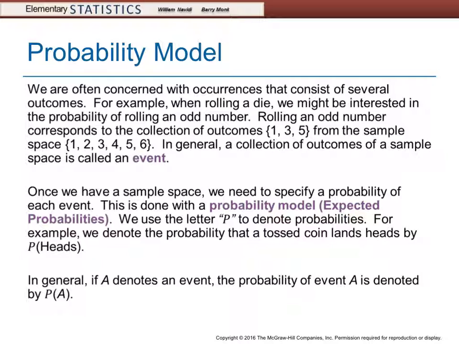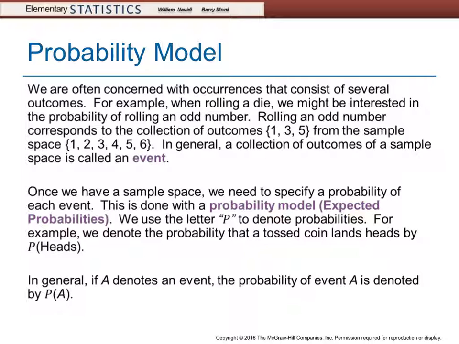A probability model is one in which we are able to determine over a long period of time what probabilities will be. Sometimes we are concerned with occurrences that consist of several outcomes. For example, when rolling a die, we may be interested in the probability of rolling an odd number.